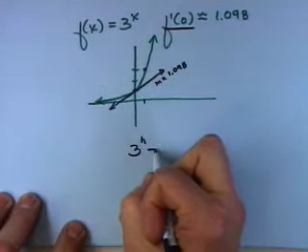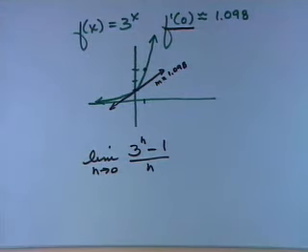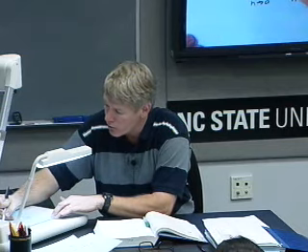When we get to a shortcut on this particular problem, we're going to get a little better answer than 1.098. We're going to show that it's very close to, and in fact approaching, the natural log of 3. The other shortcut will not work because the variable is in the exponent position.